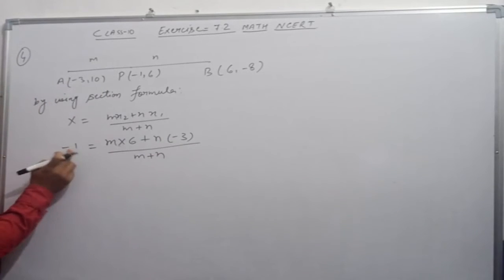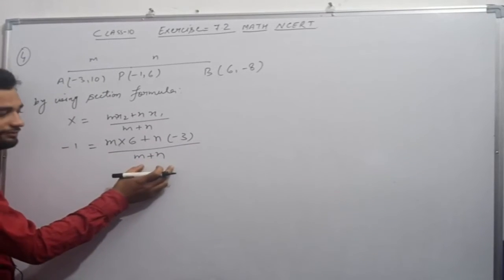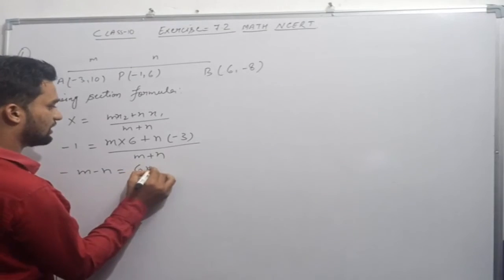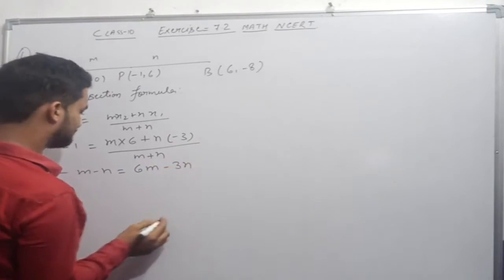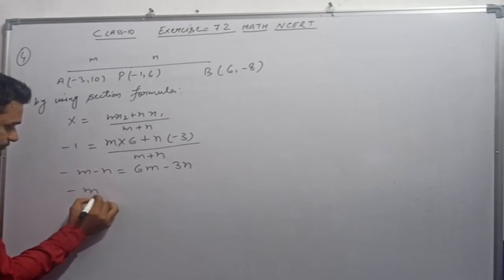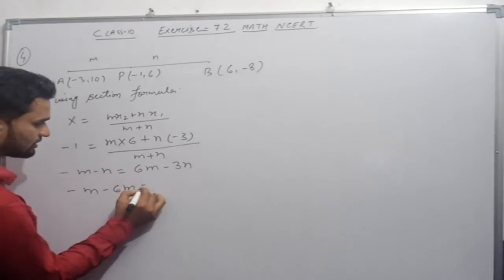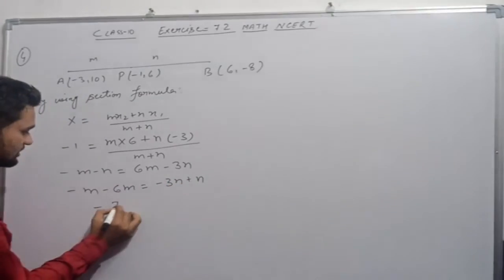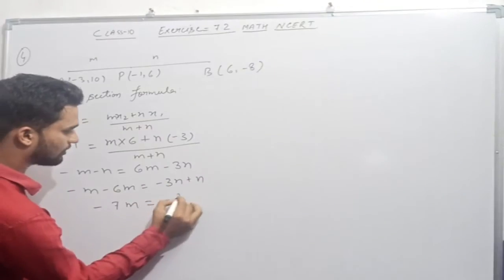When we cross multiply, this minus sign multiplies with this, so this will be minus m minus n equal to 6m minus 3n. Keep all the m on one side: minus m minus 6m equals minus 3n plus n. So this will be minus 7m equal to minus 2n.